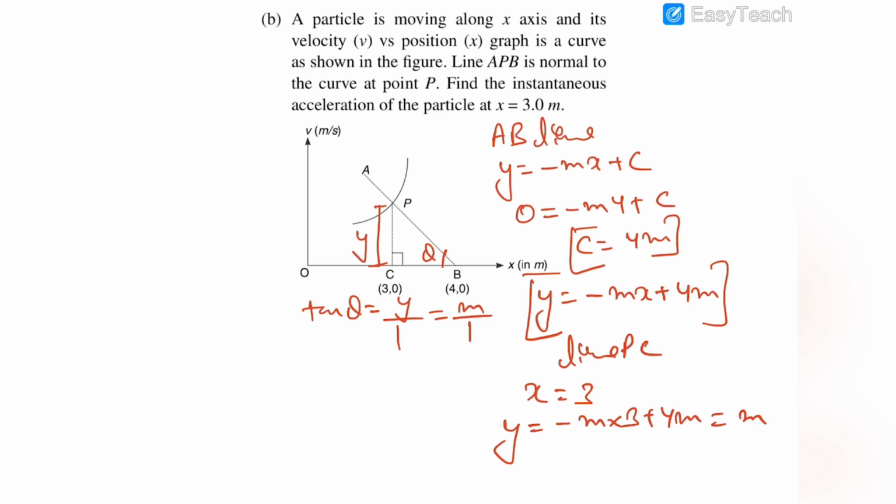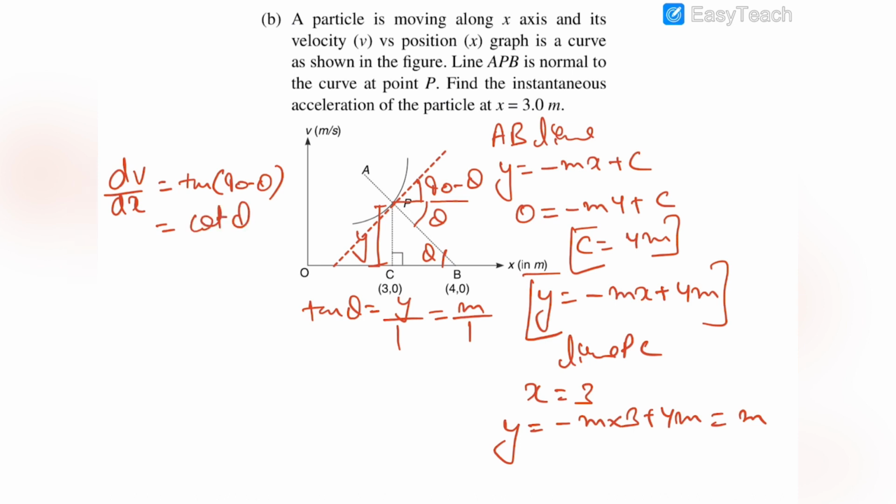Now you can see that if you draw a tangent at this point like that, this angle is theta and this angle is 90 minus theta. So the slope of this line, dv by dx at point P, is tan of 90 minus theta, and tan of 90 minus theta is cot theta, where tan theta is m.